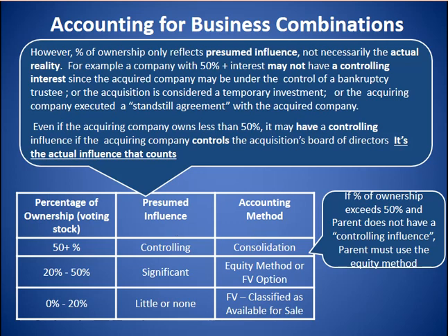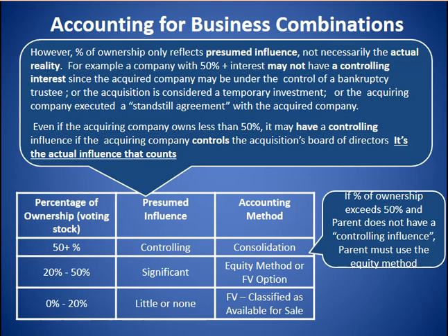If the percentage of ownership of voting stock is between 0 and 20%, our presumed influence as an acquiring company is little or none. Therefore, the accounting method for that acquisition should typically be fair value, classified as available for sale.